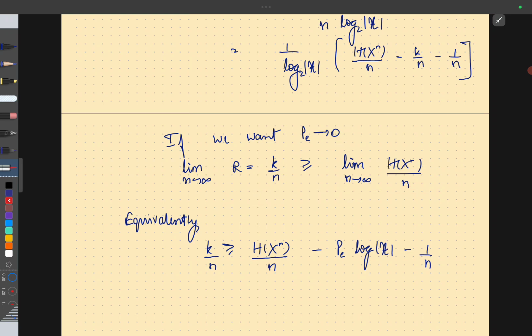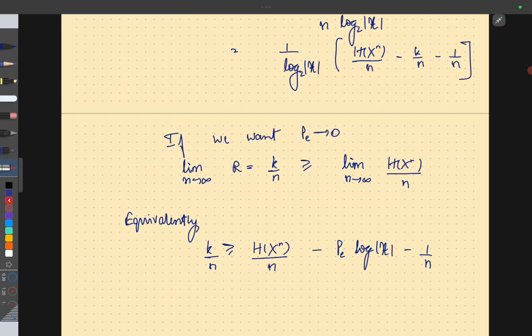Okay? That's a good point. It's something to keep in mind. Right now, all we've shown is that if you have a compressor for which the probability of error goes to 0, the rate must be greater than or equal to the entropy rate, or the asymptotic rate must be greater than or equal to the entropy rate.